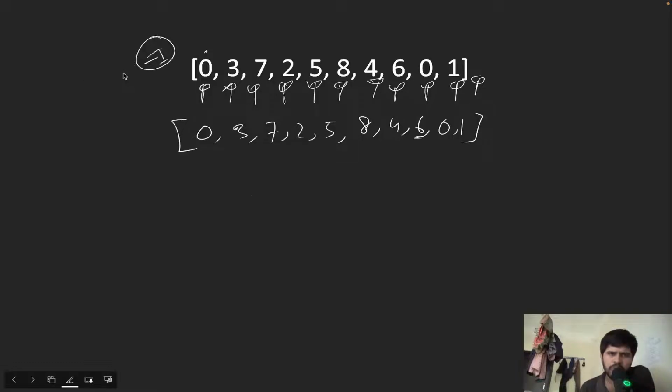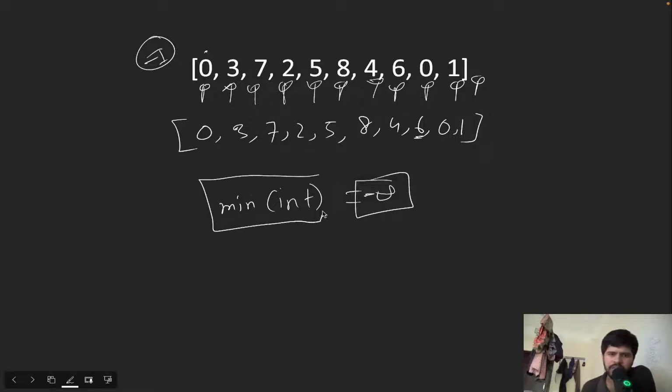Now the problem is if we have the minimum value we can store in an integer, let's assume the minimum value is -infinity. If we subtract 1 from here, we'll go out of bound. We will cross the limit of integers. That's a problem, right?